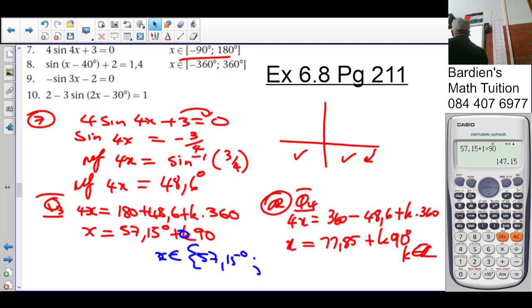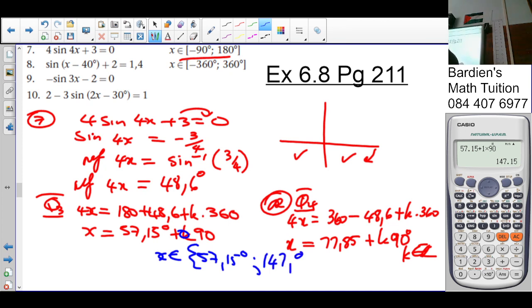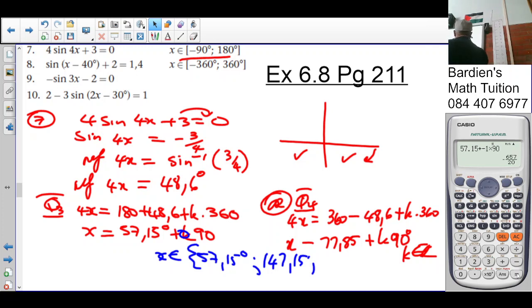It's 147,15. Is that inside or outside? 147,15. What do you think will happen if I put the 2 in by k? It will be outside the given domain. Not so? So let's try minus 1. It's going to give you negative 32,85.